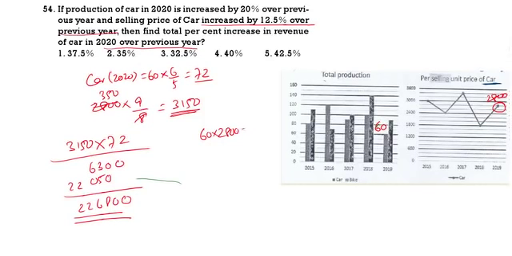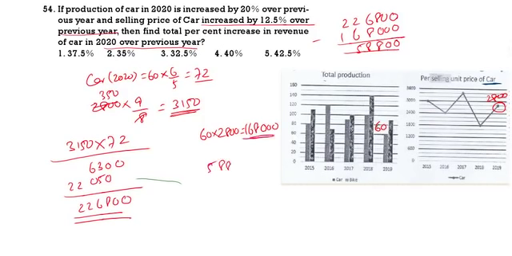That will give 168,000. What is the difference? 226,800 minus 168,000. So what is the difference we are going to get? 58,800.